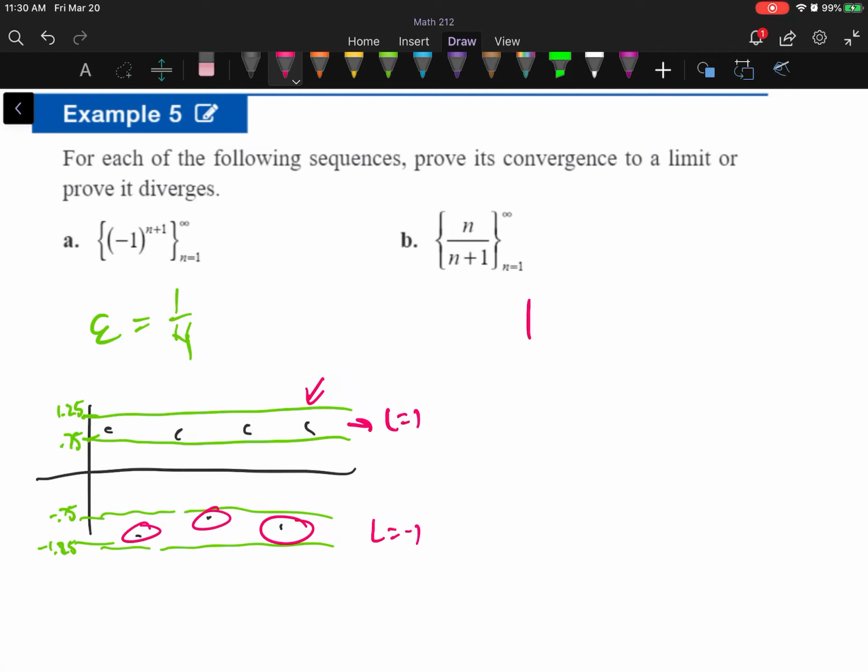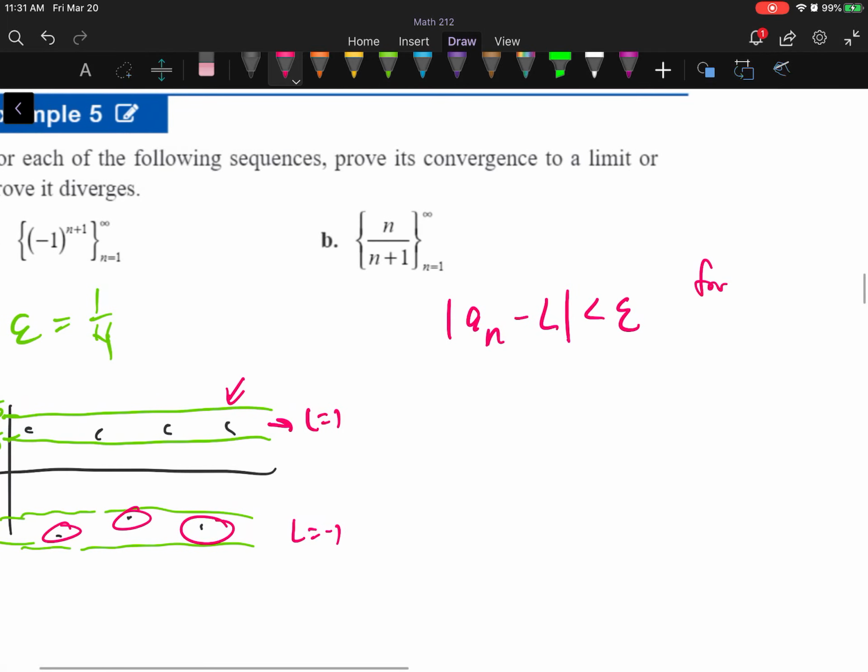The definition up there looks like you take the difference between the sequence terms and your limiting value, and you want that to be less than epsilon for all little n greater than some big N. So in this case, we're working with n over n plus 1, and we're taking its difference with the number 1, and we want that to be less than some epsilon.